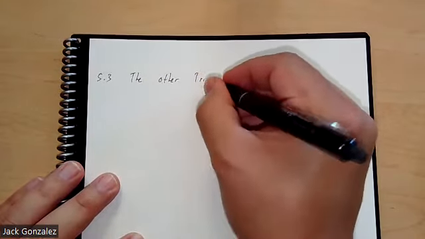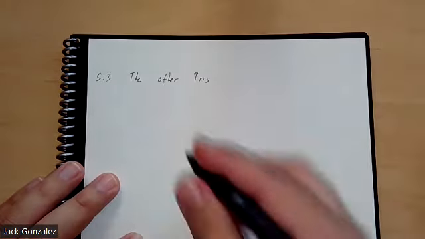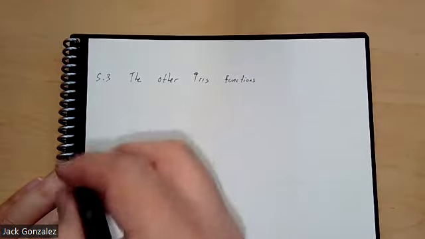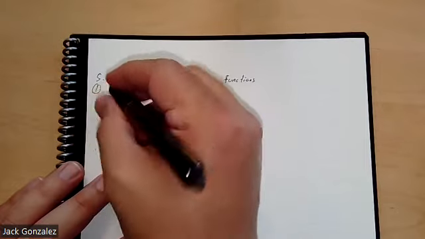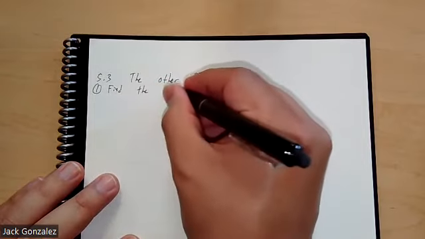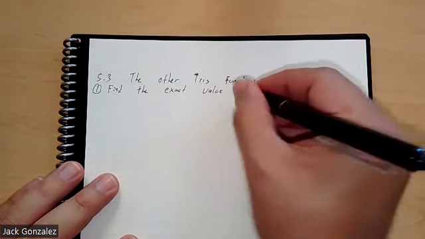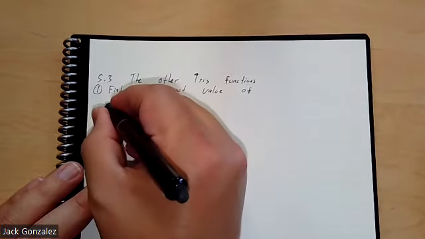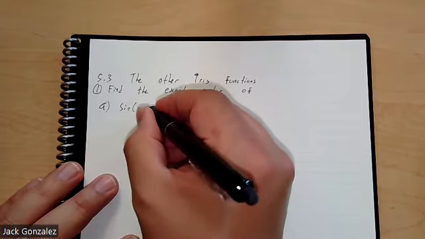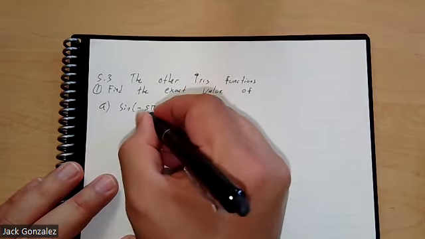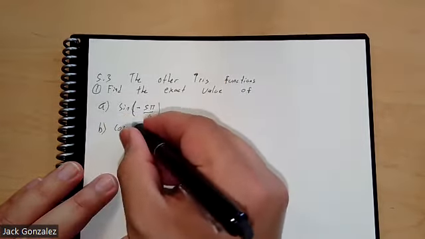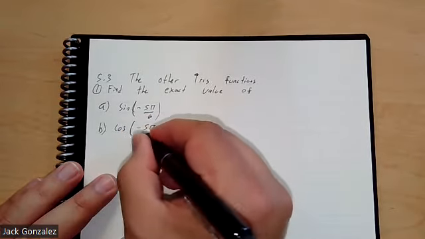So basically similar to what we just did, except you do all 6. Find the exact value of the following. So negative 5 pi over 6. They're all going to be the same angle, negative 5 pi over 6.